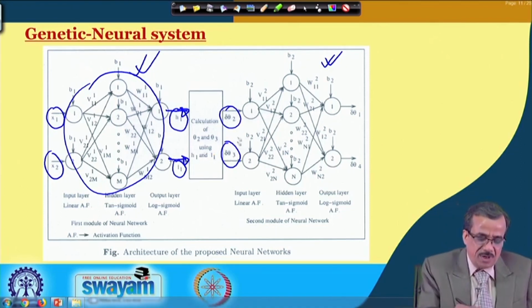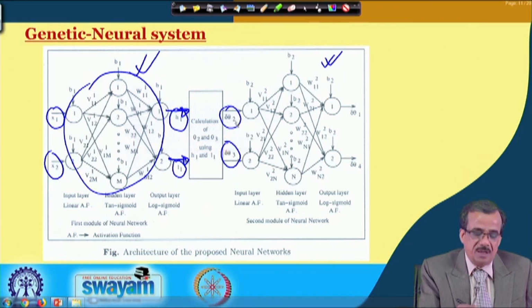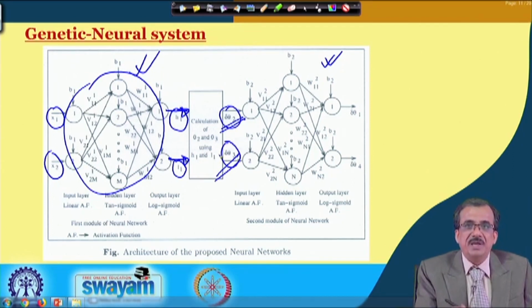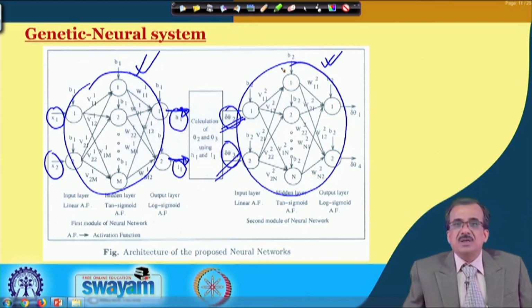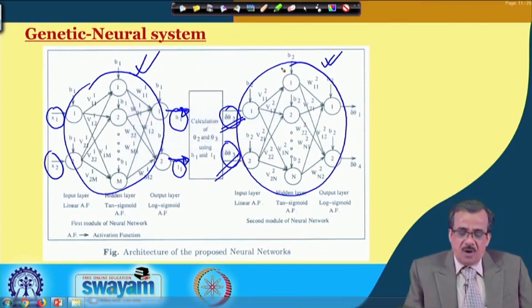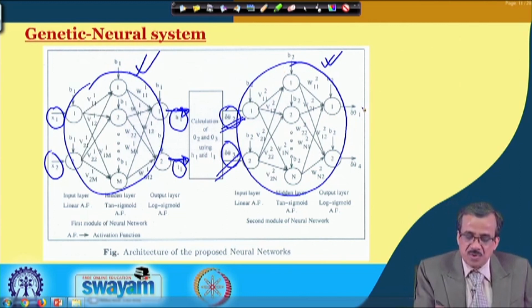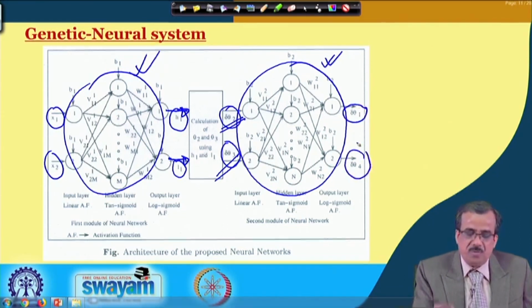Now, once you have got these joint angles, I can find out what is the change in theta 2, what is the change in theta 3, and that will be fed as input to the second network. And in the second network as output we will be getting what should be the change in theta 1 and what is the change in theta 4.